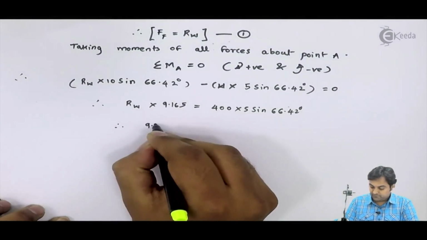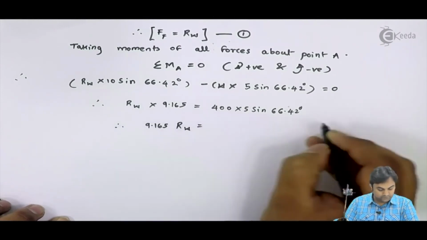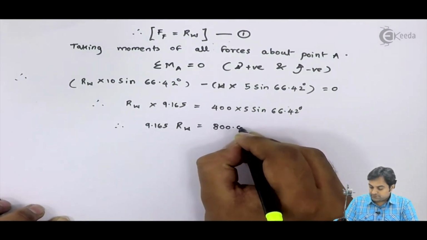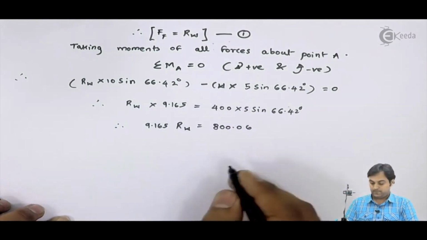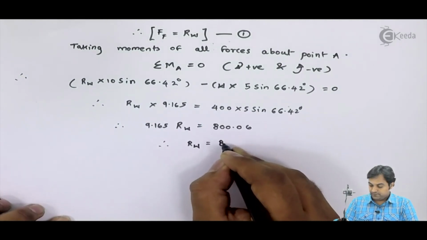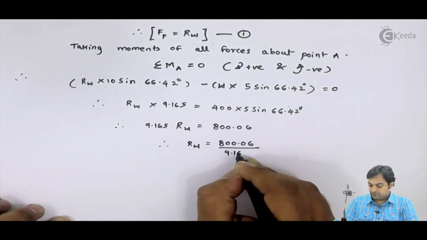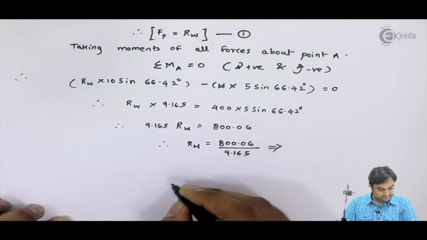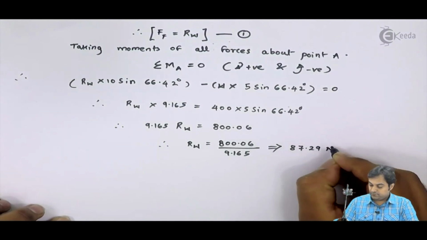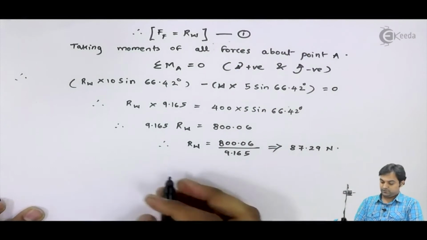Therefore, I have 9.165 Rw equal to 800.06, this right hand side value, and therefore Rw will be equal to 800.06 divided by 9.165, and Rw comes out to be 87.29 Newton.